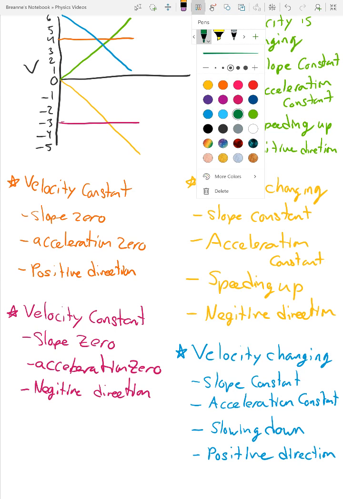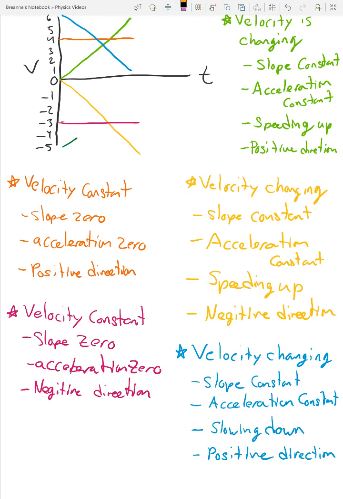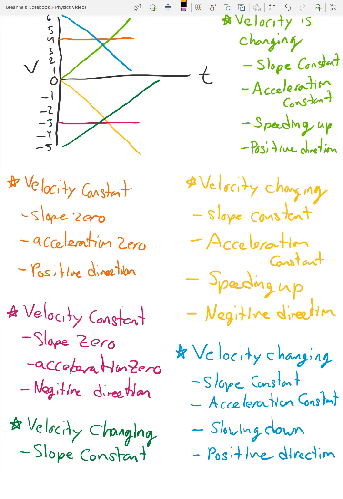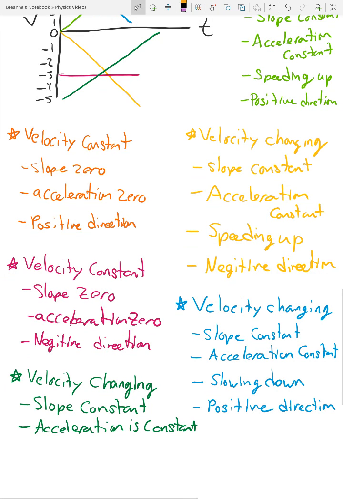One more. Let's do one more. We have that line right there. So again, our velocity is changing. If our velocity is changing, that means our slope is constant. If our slope is constant, our acceleration is constant. You just decide, is it constantly speeding up or slowing down?